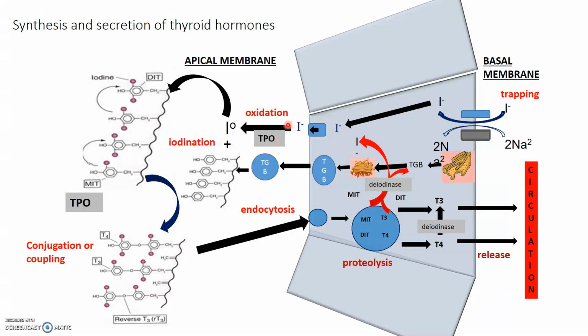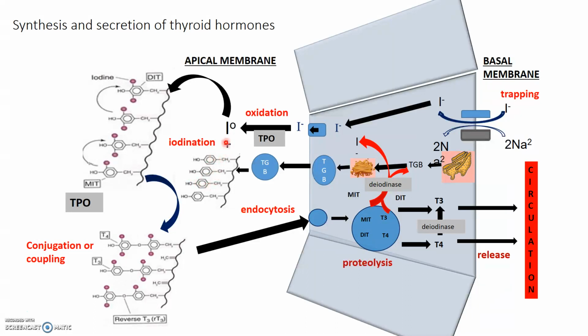So that is the second process, oxidation. After you oxidize it, you get the iodine atom. One or two oxidized iodine atoms incorporate selectively into specific tyrosyl groups of the thyroglobulin.